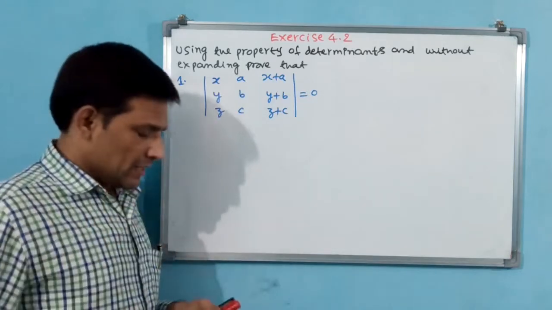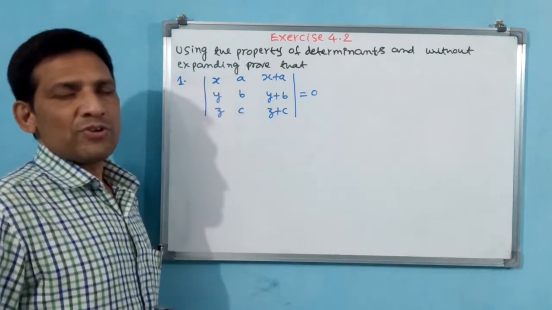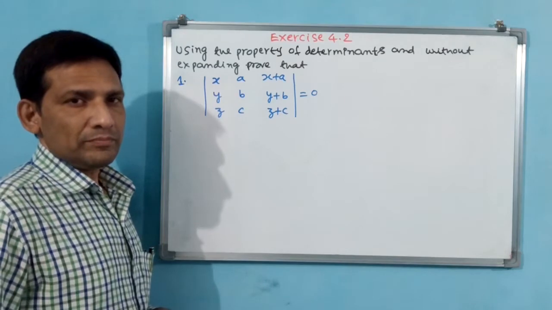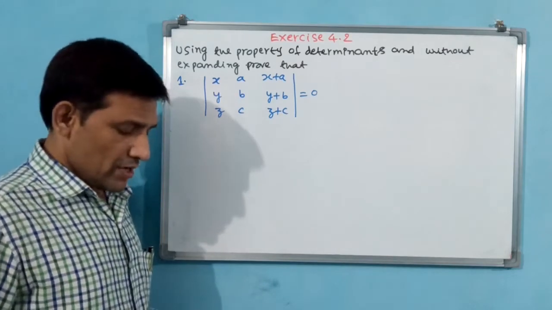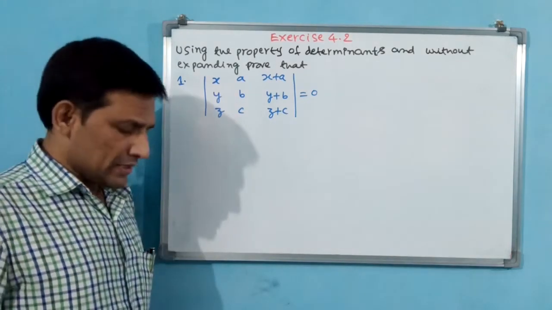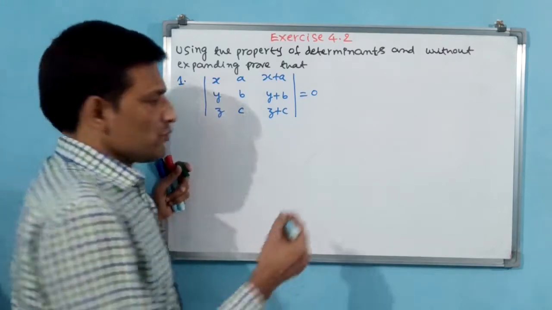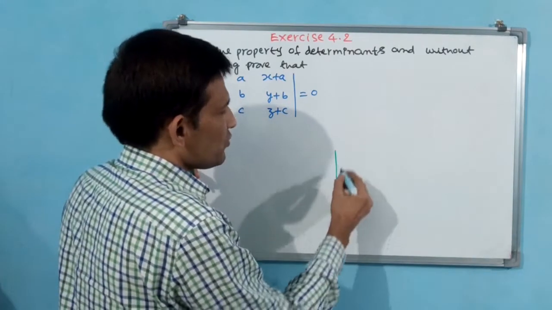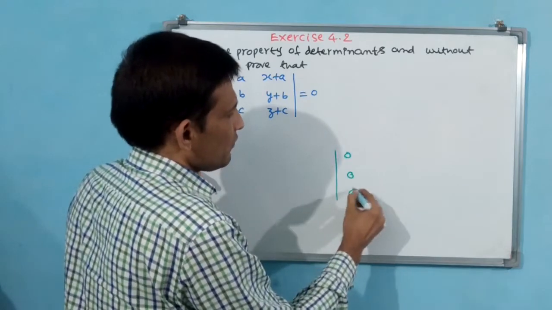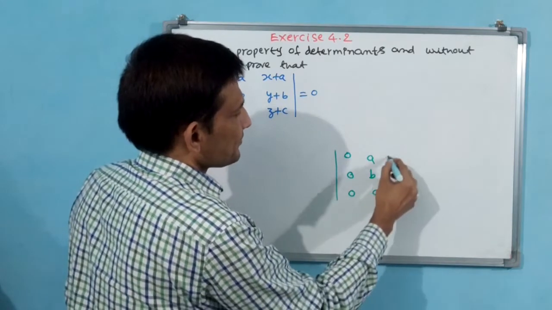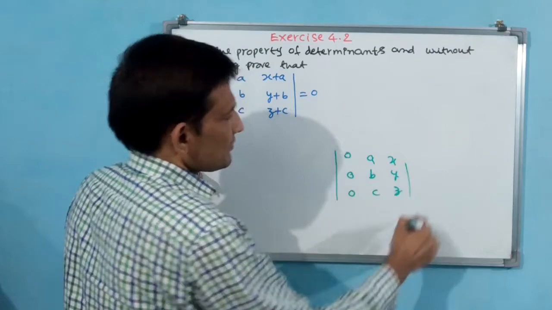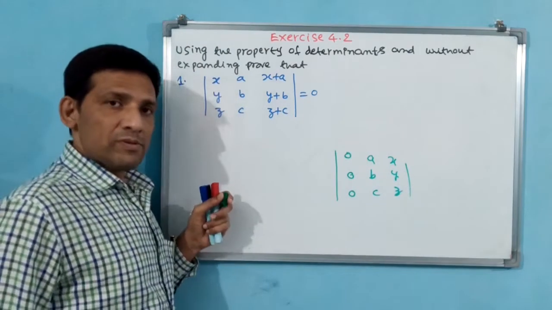That is one. And if not, what can you do? You can make all elements in any row or column zeros. That also is going to give 0. Why?